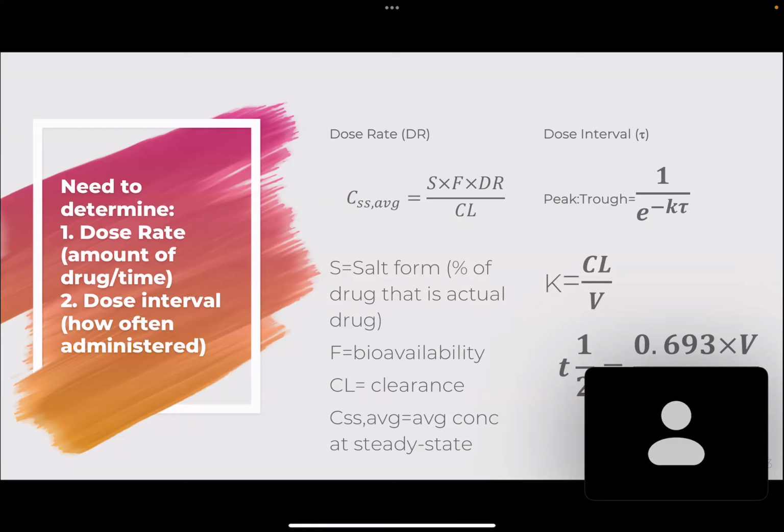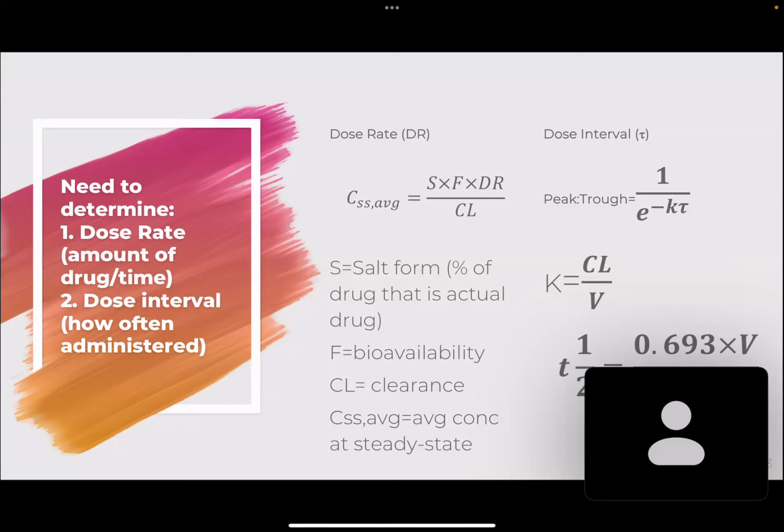Does this all sound familiar? And what determines physiologically in the body, what determines the CSS average? Well, it's the drug in over the drug out, right? That's our average concentration at steady state. So drug in is bioavailable dose rate. We also have to account for the salt form.